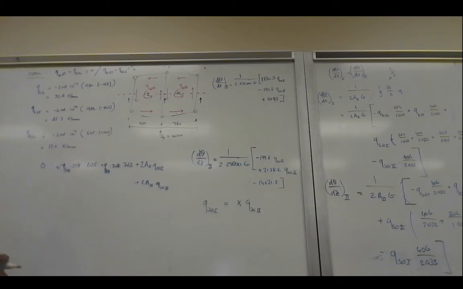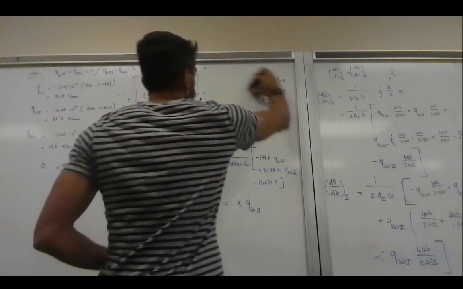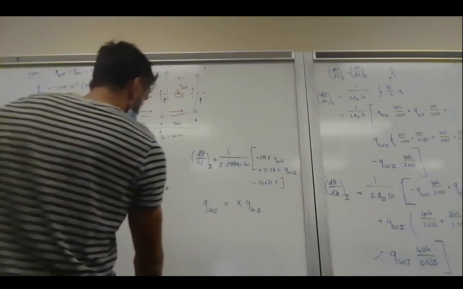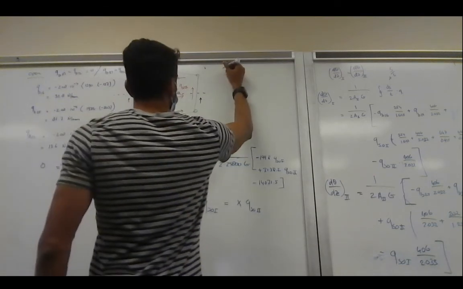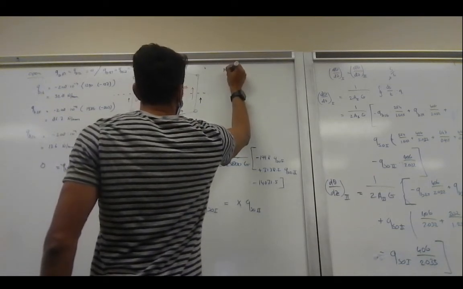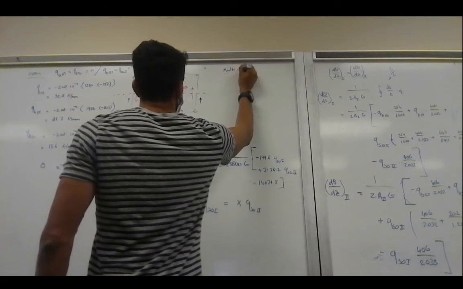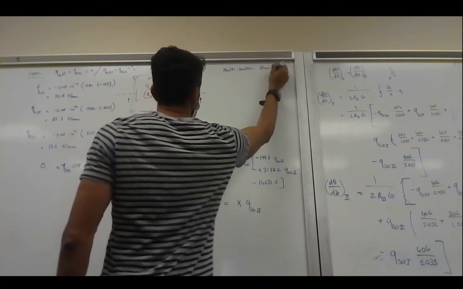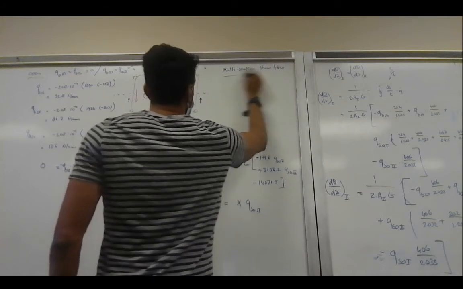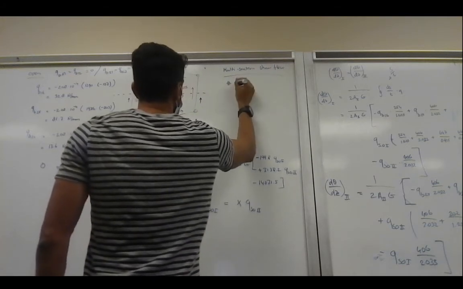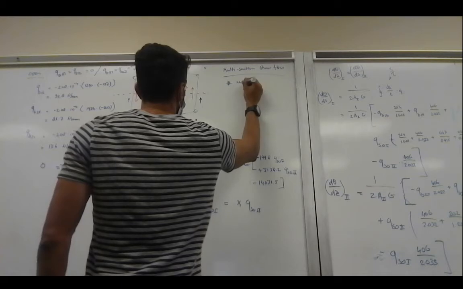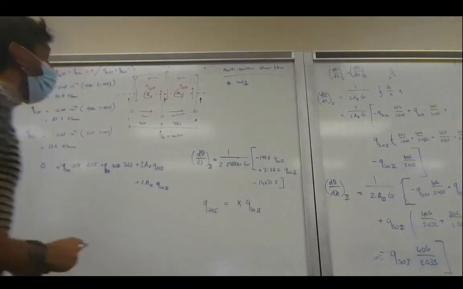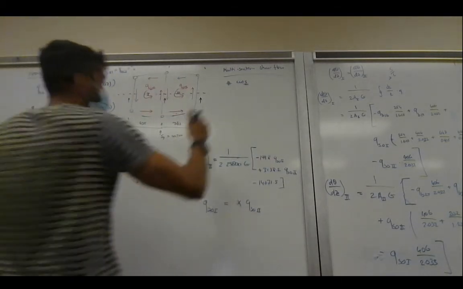So if we do again our steps for solving a multi-section closed shear flow: step 1 is the cuts, so multiple cuts.